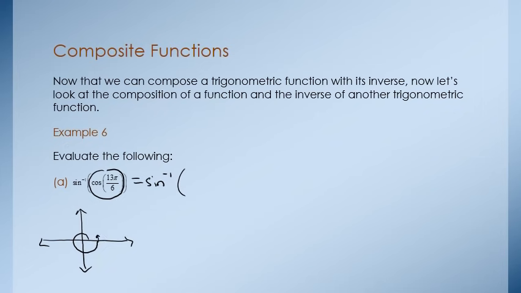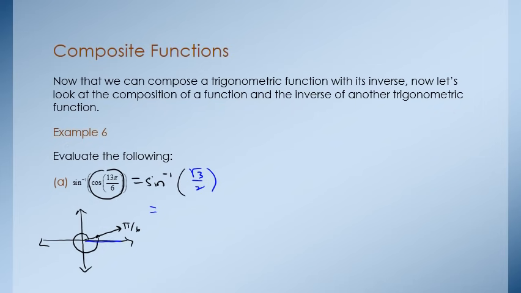So now I'm just going to go up to pi over 6. So what is the cosine of pi over 6? Well, the cosine is the longer length, and so that is going to be root 3 over 2. And what angle produces a sine of root 3 over 2?